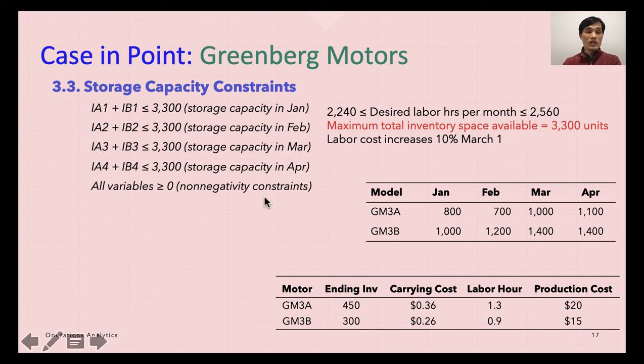Therefore, we can put this equation there, IA1, the remaining inventory for GM3A, plus the remaining inventory for GM3B has to be less than or equal to 3,300. And that's for storage capacity in January. And you can do the same for the rest. And you can get 4 more capacity constraints right here.